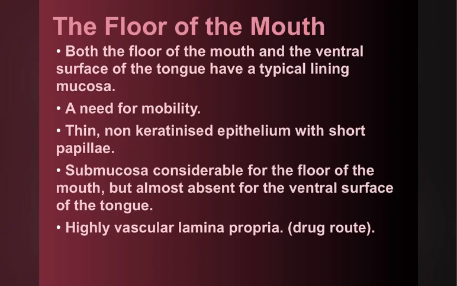The submucosa of the floor of the mouth has the sublingual gland, which is a major salivary gland that is mixed but mainly mucus, and we have other minor salivary glands in association with the sublingual gland. They are also mixed but mainly mucus.